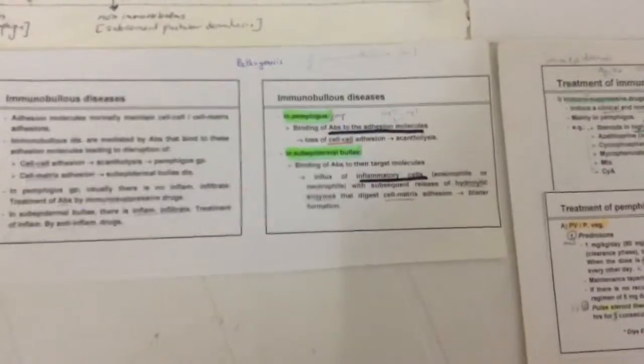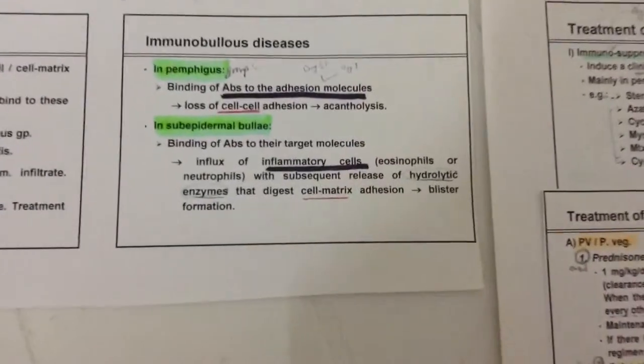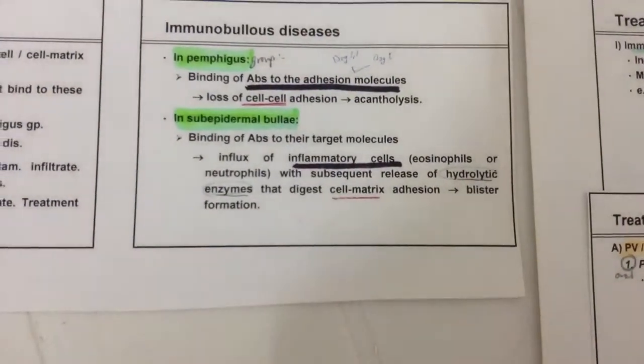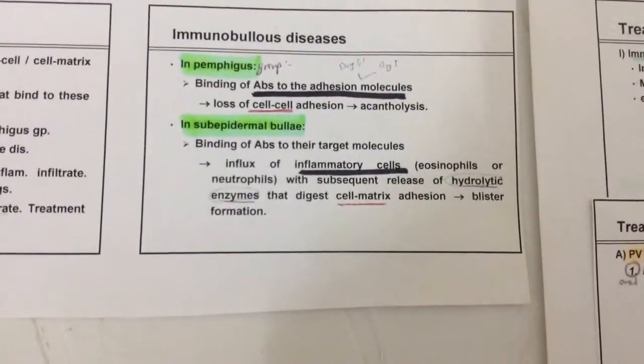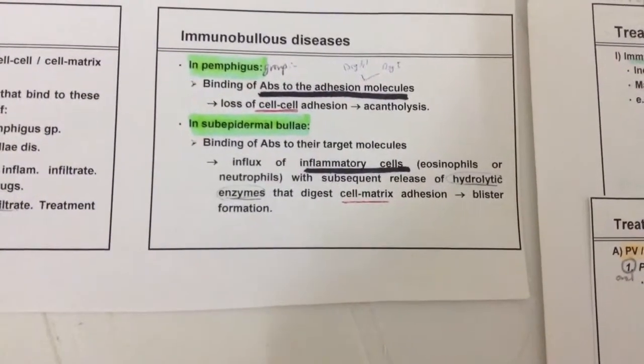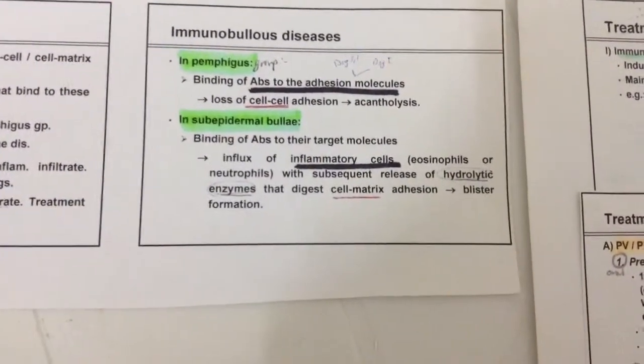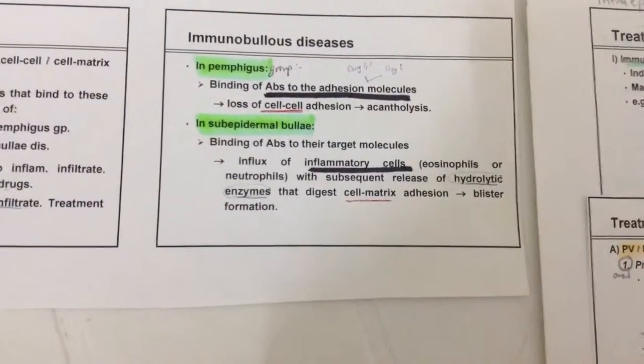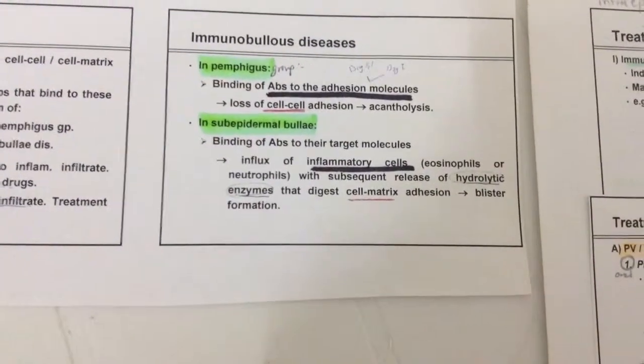We will talk also about the pathogenesis of the bullous diseases. In all the pemphigus, there is binding of antibodies to the adhesion molecules, either desmoglein 3 or desmoglein 1, leading to loss of cell-to-cell adhesion, leading to acantholysis.